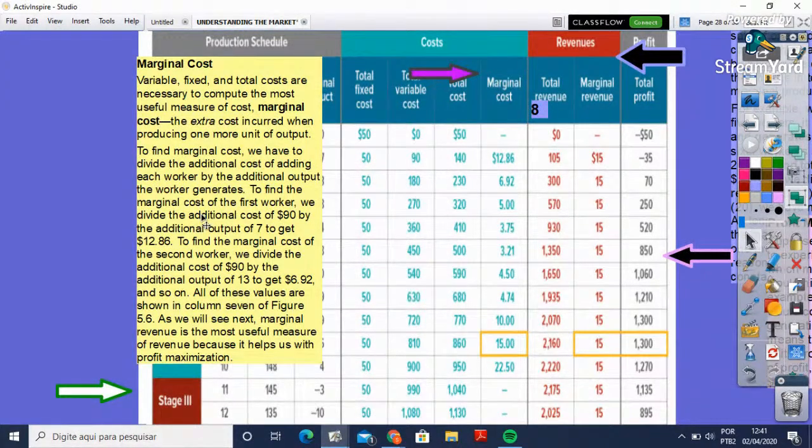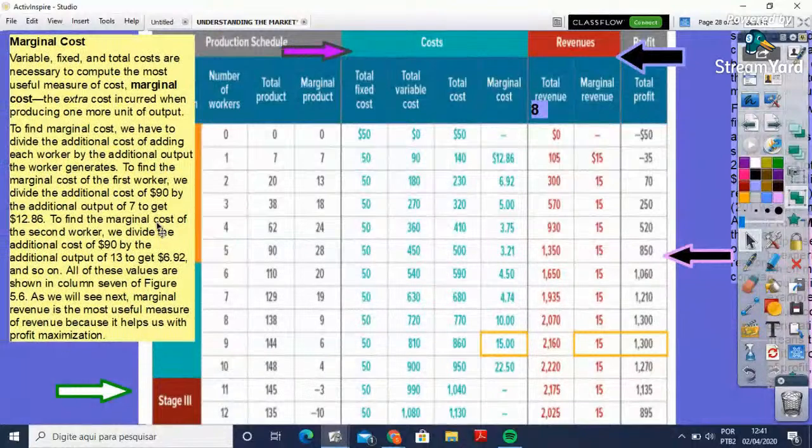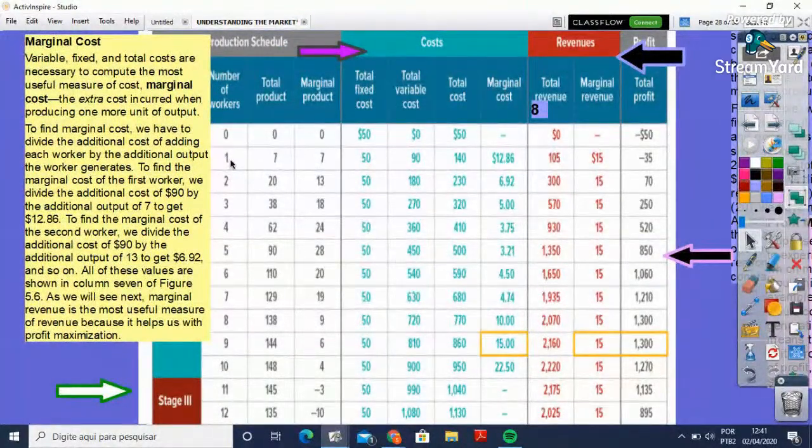To find the marginal cost of the first worker, let's go to the first worker here. We divide the additional cost of $90 by the output. So this worker will cost me $90, and his output is 7. So we divide by the additional output of 7 to get my marginal cost, which is $12.86.